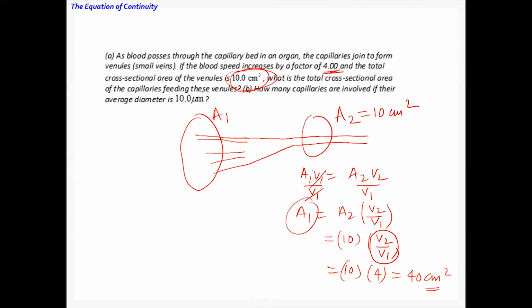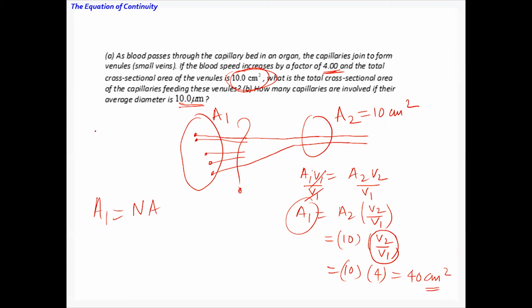Part A is done. Now, how many capillaries are involved if their average diameter is this many micrometers? So how many capillaries are here? That's what you need to figure out. So A1 equals N times A, meaning let's say area of each of them is A, then how many of them are there?